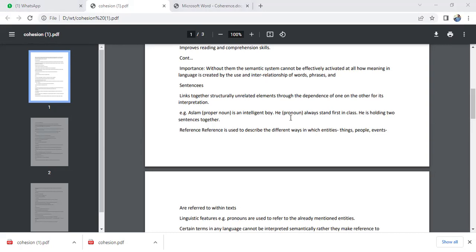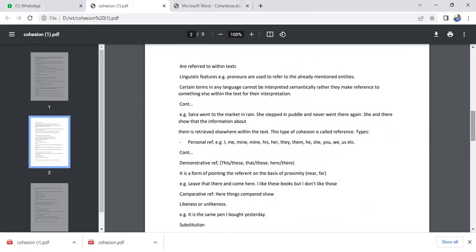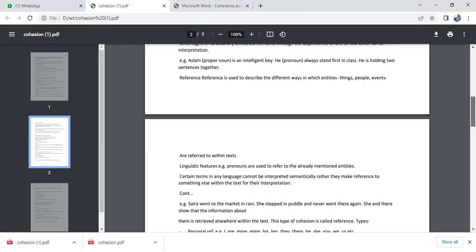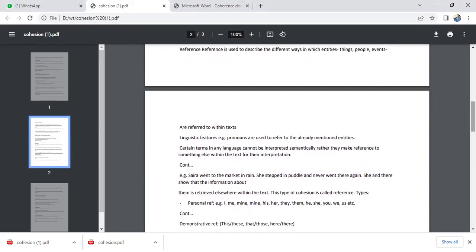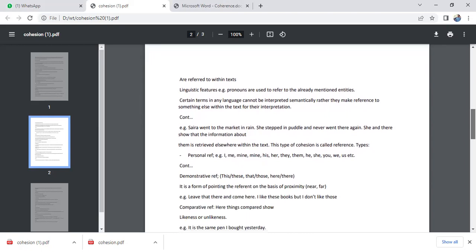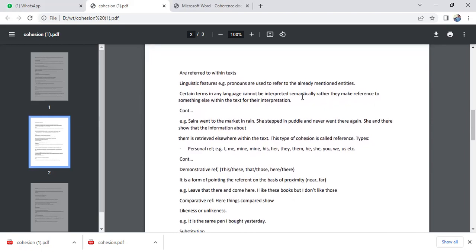References are used to describe the different ways in which entities, things, people, and events are referred to within a text. Why do we use references? We use references in order to refer to certain entities, certain people, certain events in the text. Linguistic features: pronouns are used to refer to the already mentioned entities.